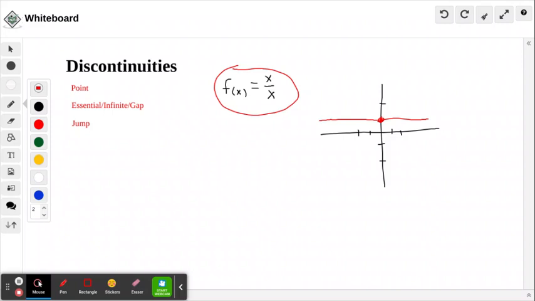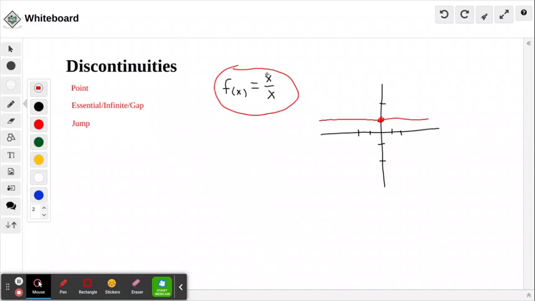The limit is just the same everywhere. And that is the essence of a point discontinuity: if you have one, you can take the limit at the point of discontinuity and it will still exist.